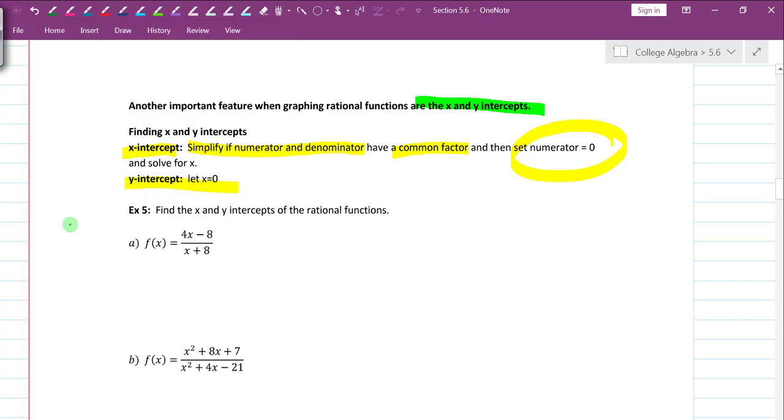So for this one right here, for part A, it says find the x and y intercepts of the rational function. Step 1 for the x-intercept, remove common factors.